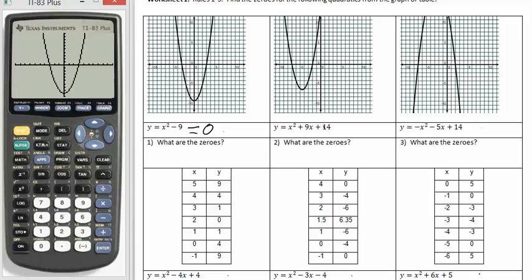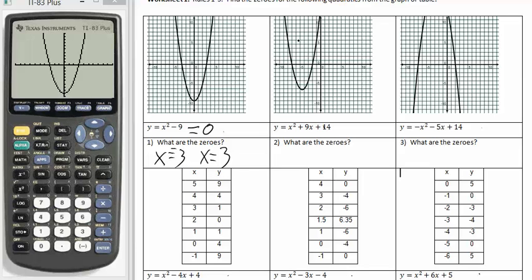So when x is equal to negative 3, and when x is equal to 3, then these are the zeros, or the solutions to this quadratic equation.